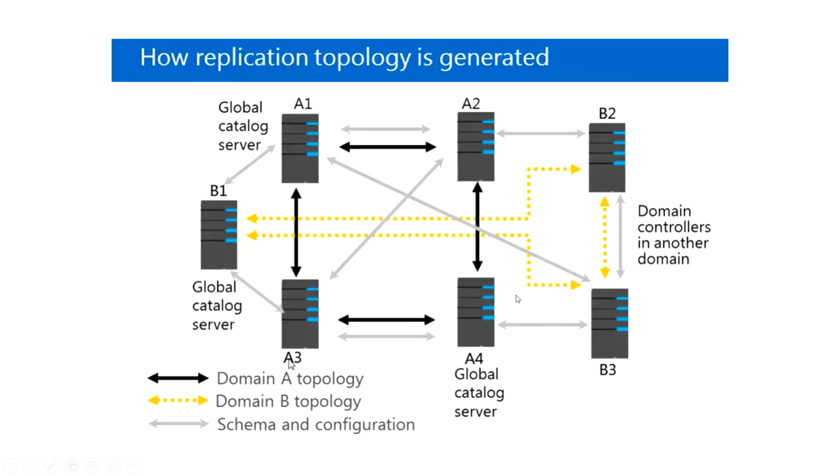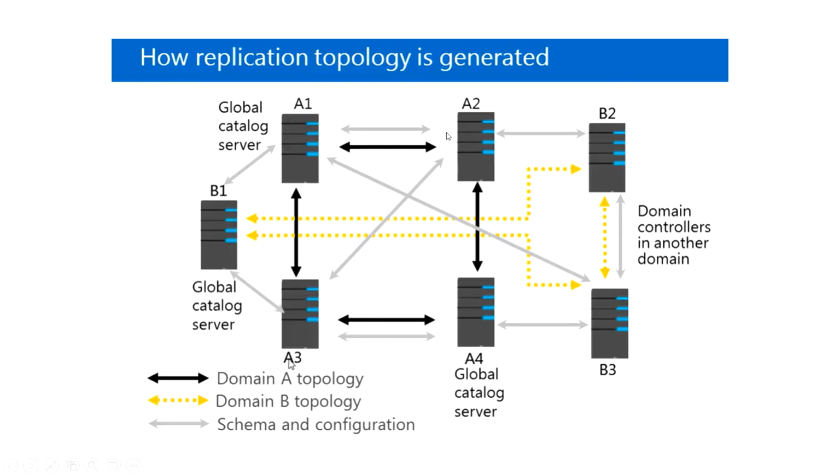So this is a sample diagram of how the replication topology is generated. Let's consider the domain A topology. Domain A has the global catalog server, which will be the first domain controller promoted in the forest or the site.